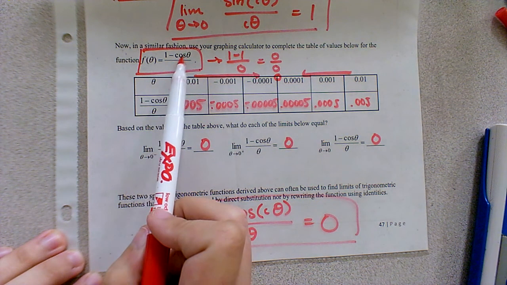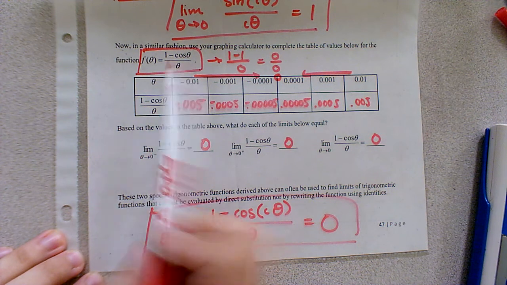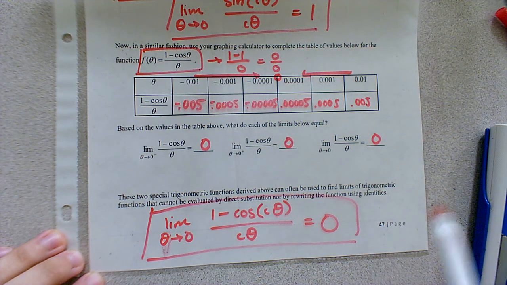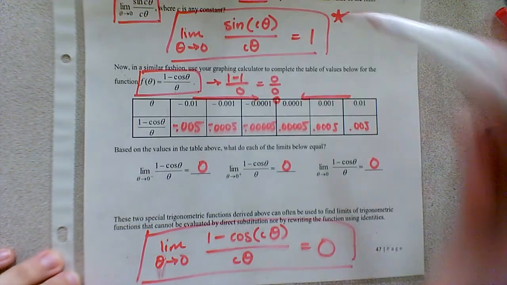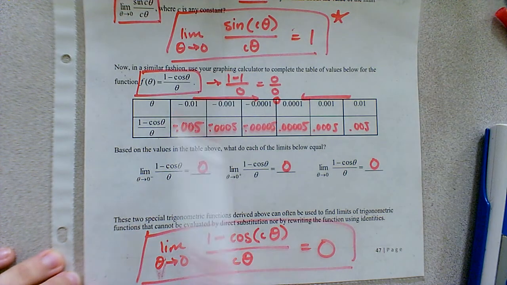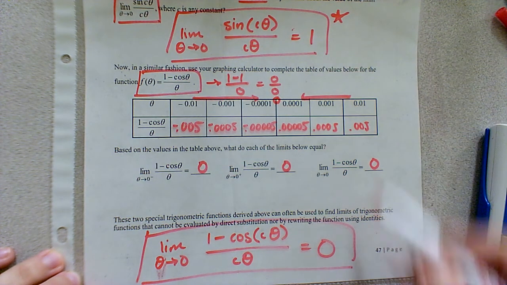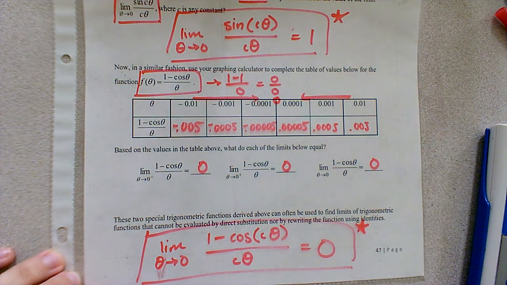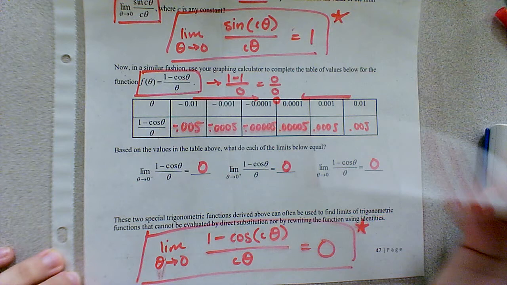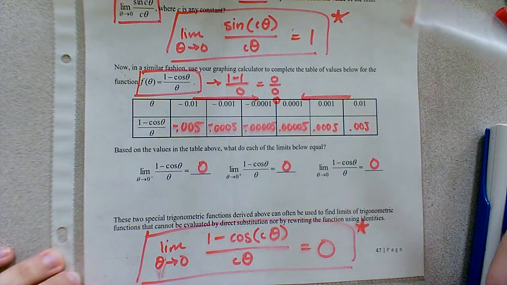For instance, if this was cosine of 3 theta divided by 3 theta, you could play around with that on your calculator, but it's going to work the same way that the sine limit did above. So if you want to take a look at some other examples and check it out, you can, but as long as those coefficients are the same for either one, we're going to have these specific results. So if you could please jot those down and remember them for tomorrow when we go over some more practice examples of these. We're definitely going to have to remember and utilize those to our advantage.